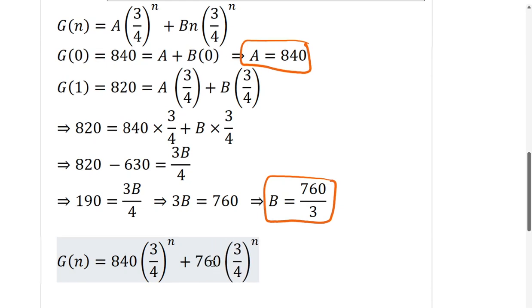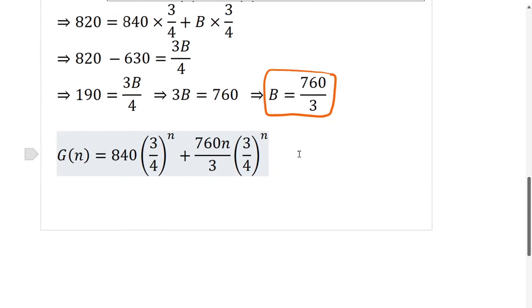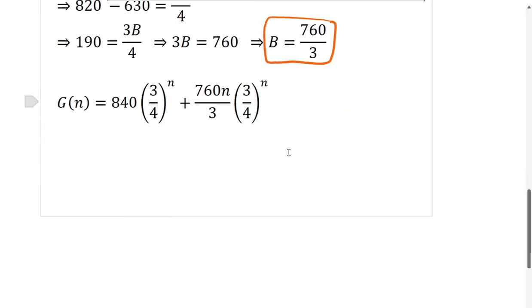So I'm going to write 760 n over 3. So what we then need to do is find what G6 is.